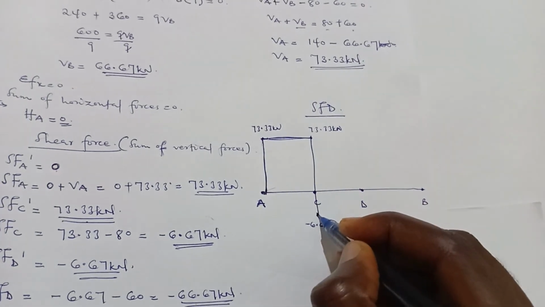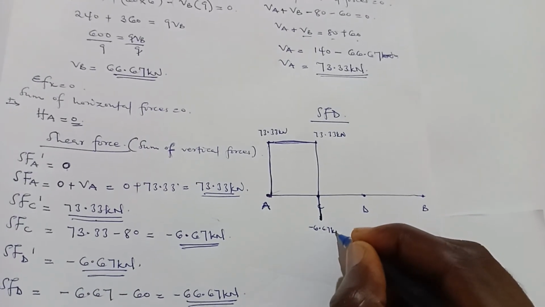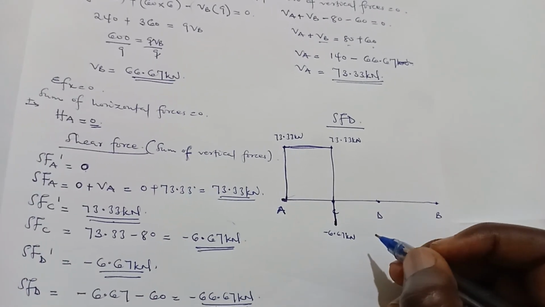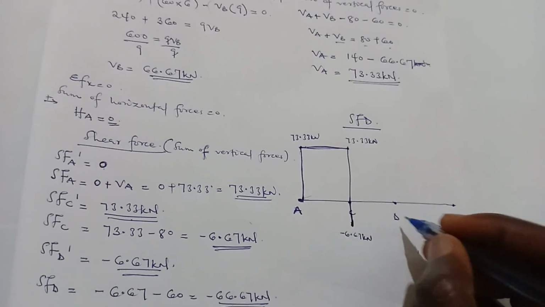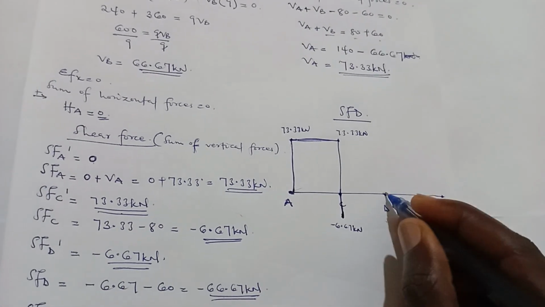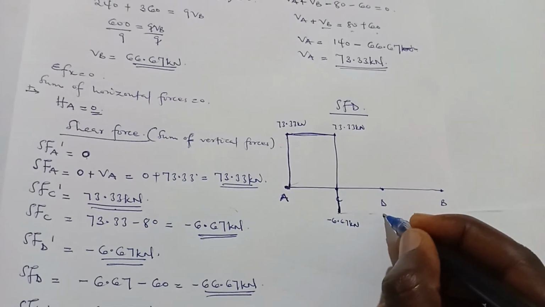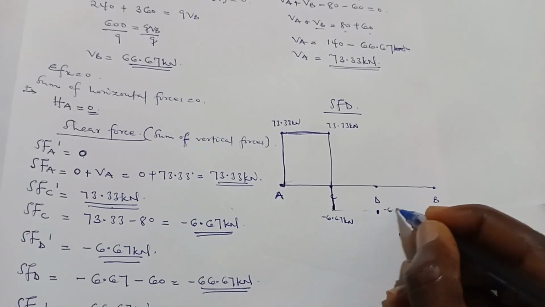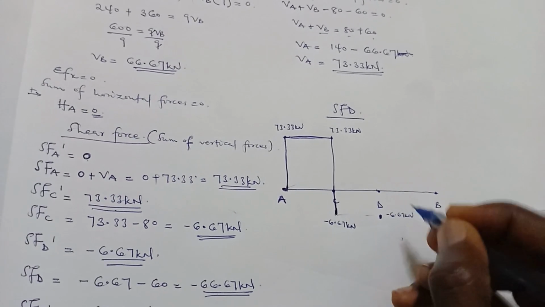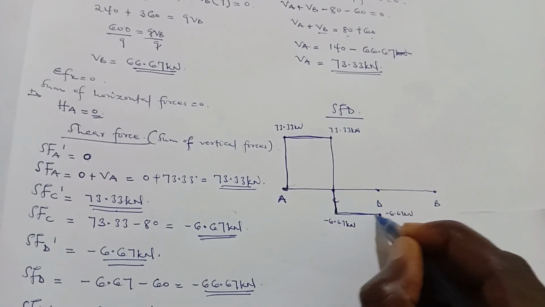I'll bring it down, still acting at point C. Then shear force at D prime, negative 6.67. So D, negative 6.67 will be on the same line as this. Negative 6.67 kilonewton, and it connects the points.